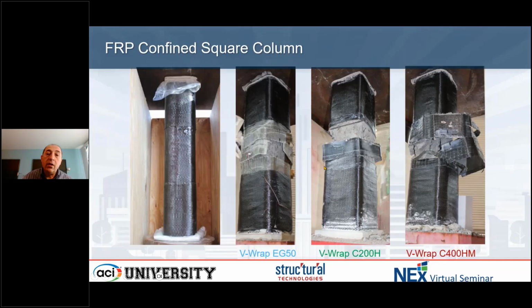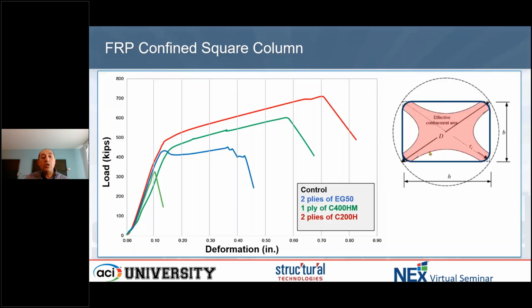If I move to a rectangular section, in this case short square columns, the behavior is different. You can see the confinement on these columns is less effective because of the cross section. The cross section is not round, so you're really holding the corners together. If you imagine the flat surface as it tries to expand, the FRP sitting on that surface is not really confining it as much.